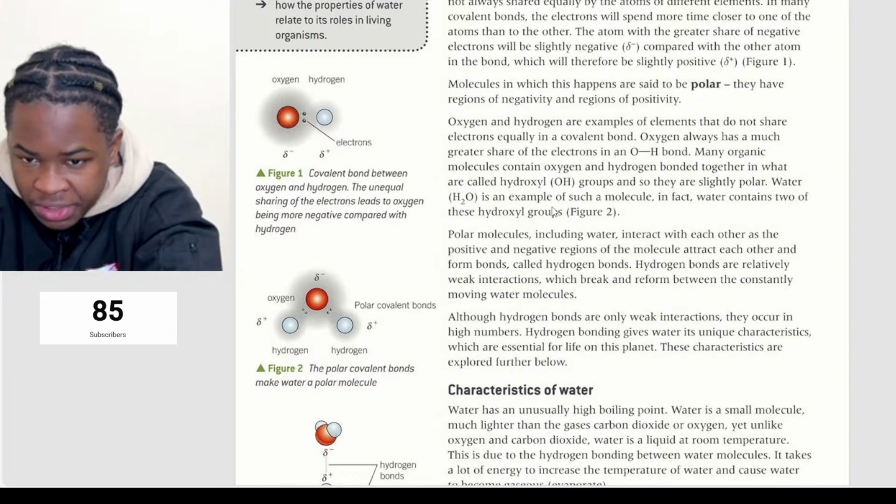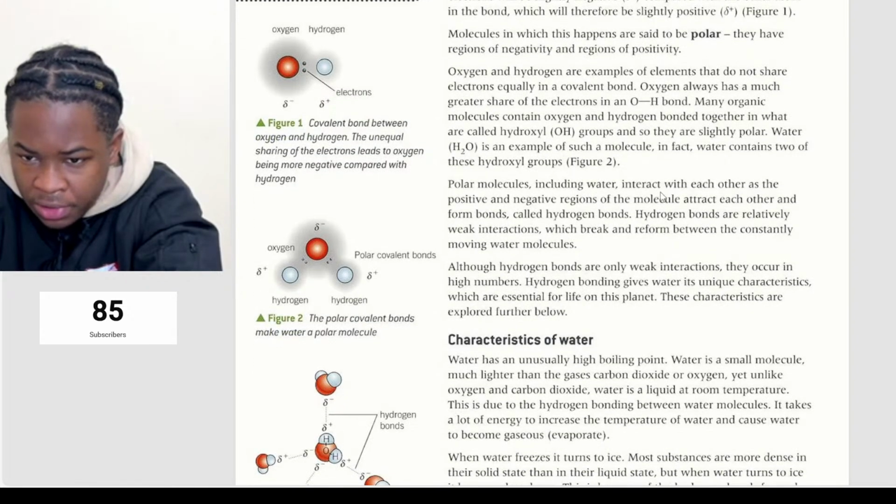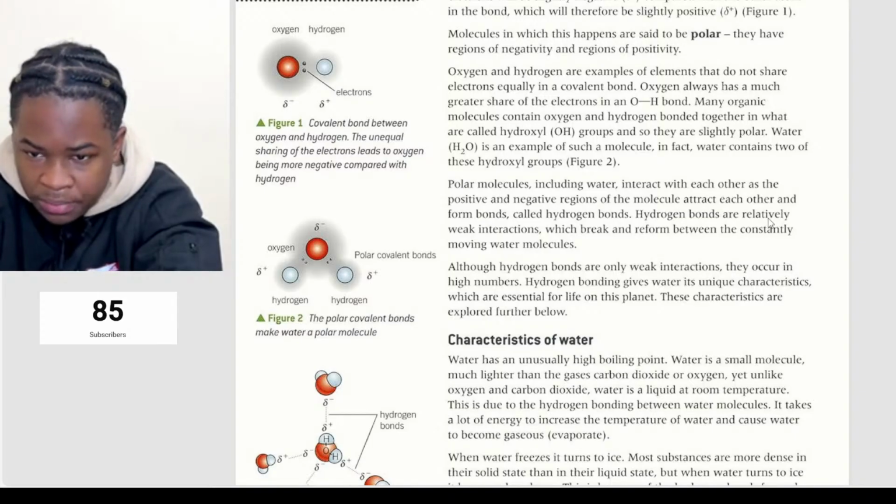Water, H2O, is an example of such a molecule. In fact, water contains two of these hydroxyl groups. Polar molecules, including water, interact with each other as the positive and negative regions of the molecules attract each other and form bonds called hydrogen bonds.